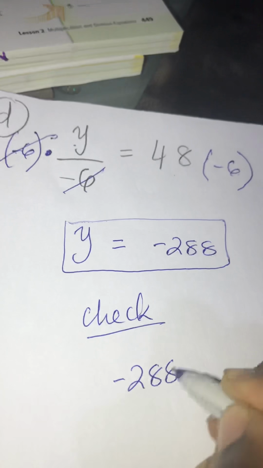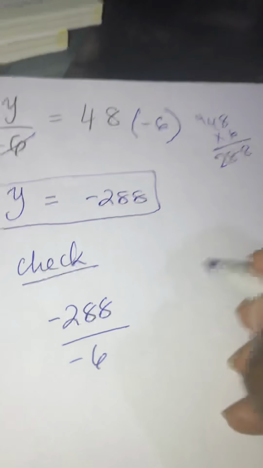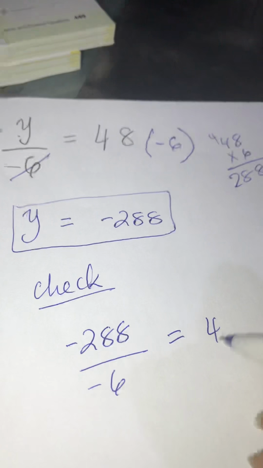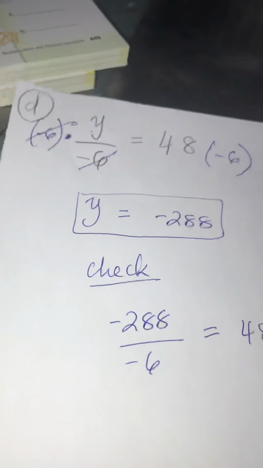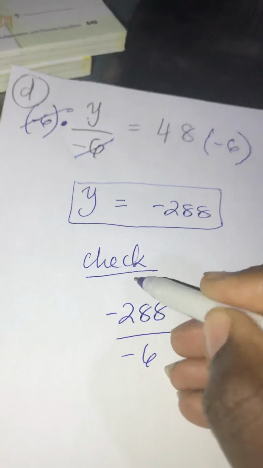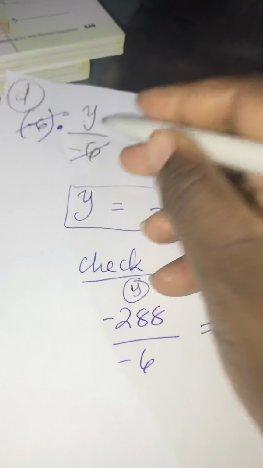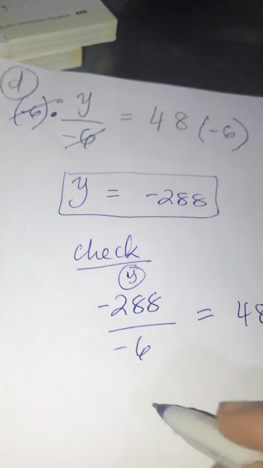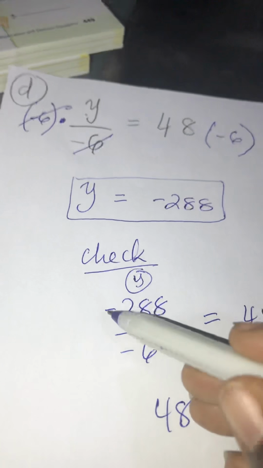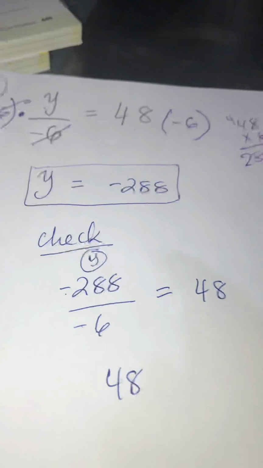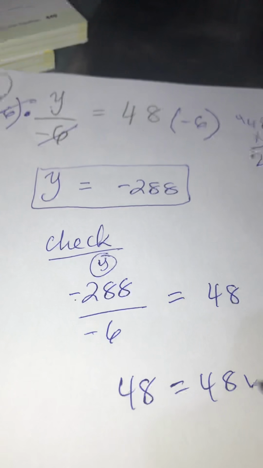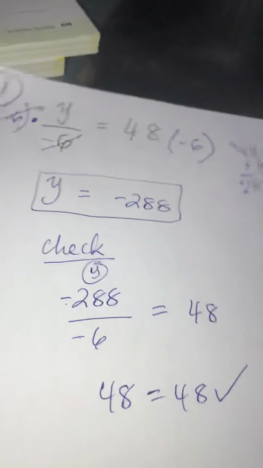Negative 288 divided by negative 6 equals 48. Because this is y, remember that, according to your question. This will give me positive 48 because a negative divided by a negative is a positive. And there is my answer.